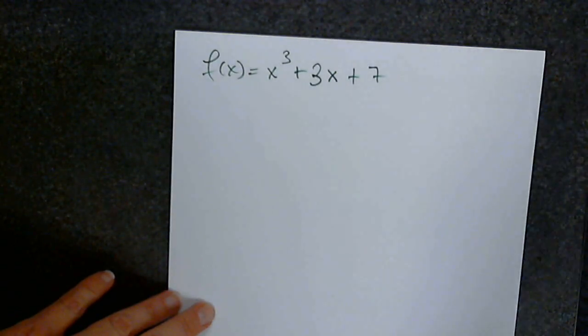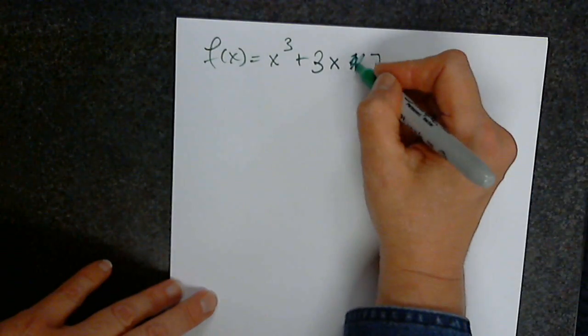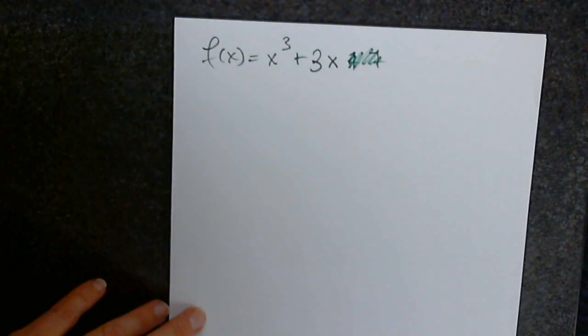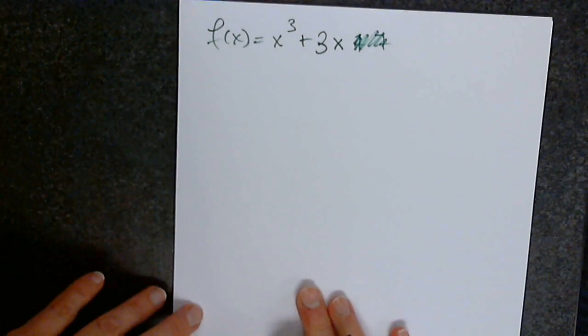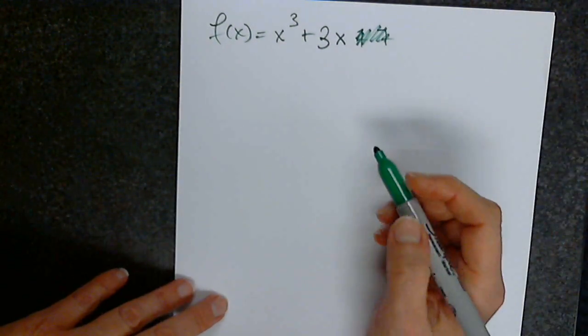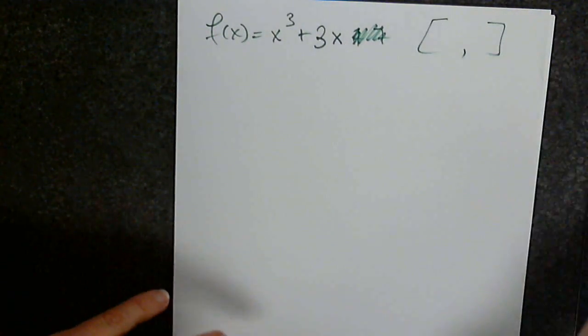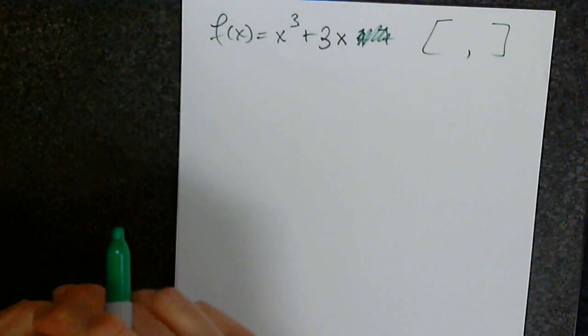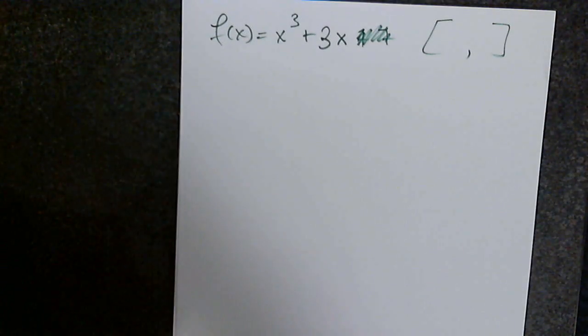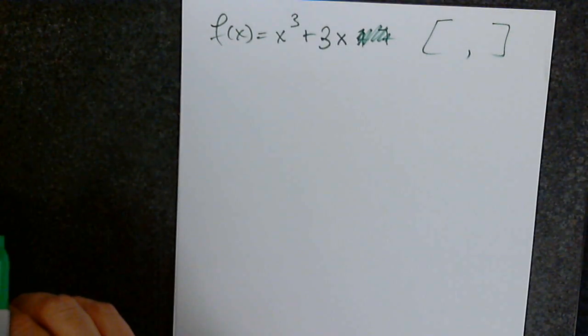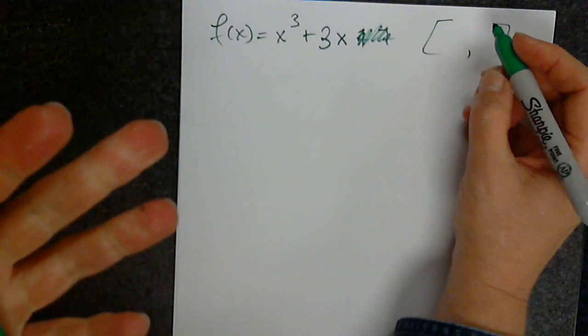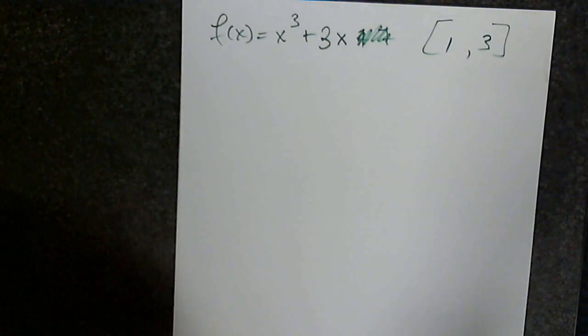That's it. I wanted to go through all of them, but that's fine. That's good. And the interval. If you're nice, you're going to start with 0. If you're semi-nice, you're going to start with anything else. We can start with 1. Okay, well, let's say 1 to 3. Good.